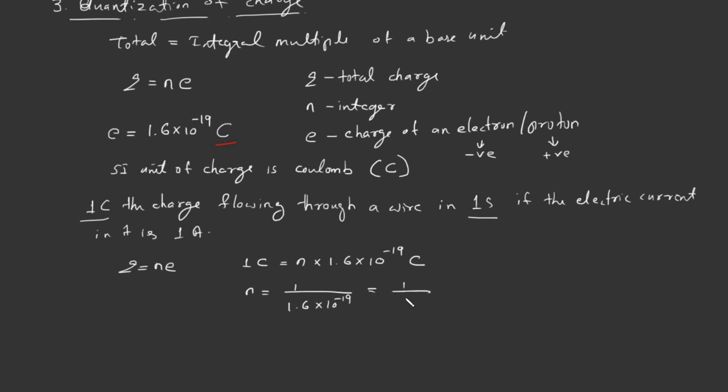That is equal to 1 by 1.6 into 10 raised to 19, that is 6.25 into 10 raised to 18. Look at the size. It requires 6.25 into 10 raised to 18 base units to make an SI unit. So this SI unit is very big in practical sense. So in most cases we will take microcoulomb or millicoulomb in our electrostatics.